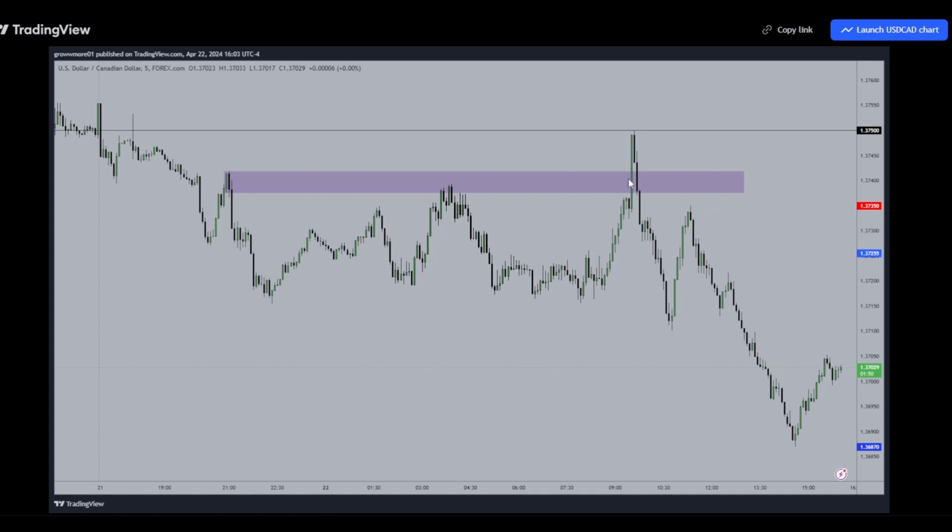Now you place your sell limit where people will place their stop losses. You place it over there, and then you place a 10 pip stop loss and target 1:2. And now it's 50-50. It can hit your stop loss, or it can fall down and take your profit.